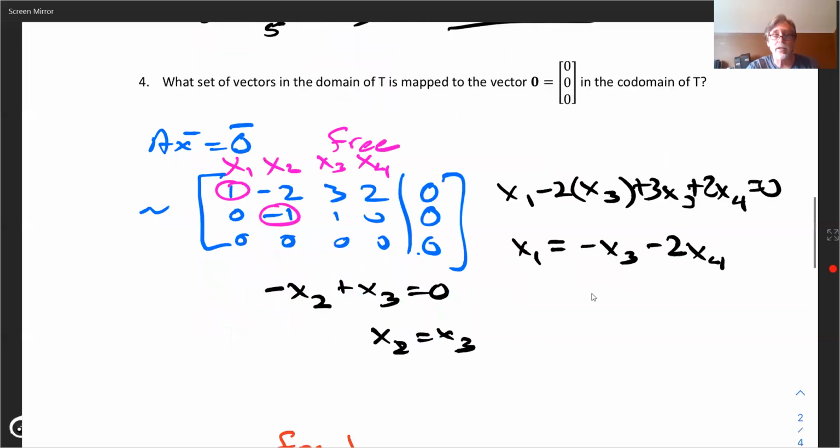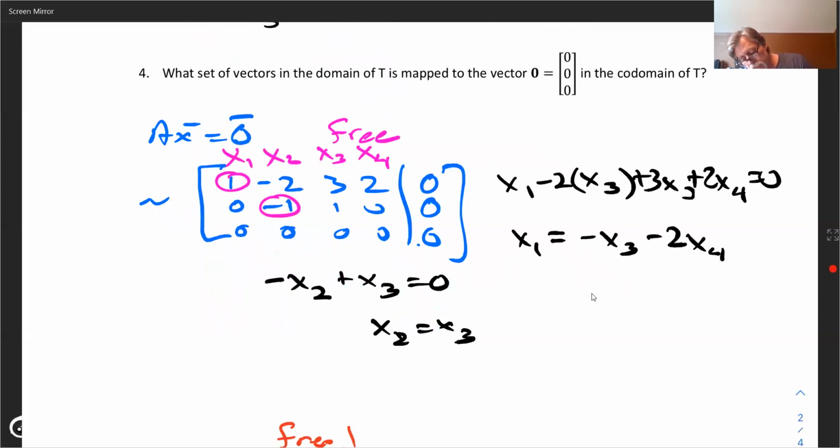So very quickly, I can tell you the answer. x1 is minus x3 minus 2x4, x2 is x3, x3 is itself, it's free, x4 is itself.